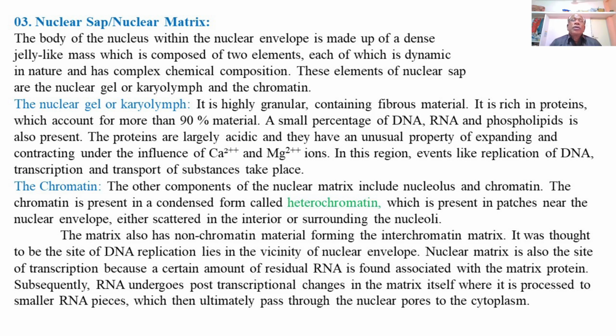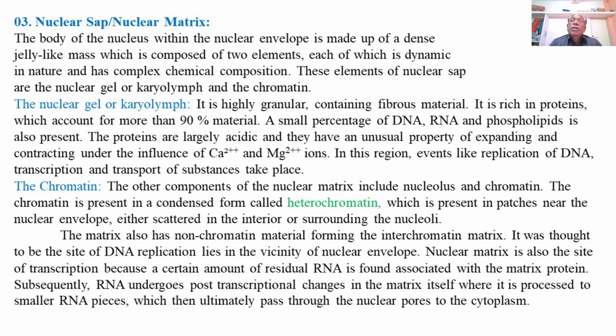The second important component of the nuclear sap or nucleoplasm is the chromatin. The chromatin material represents the different types of chromosomes, which are the genetic material composed of DNA and proteins forming the chromosomes.